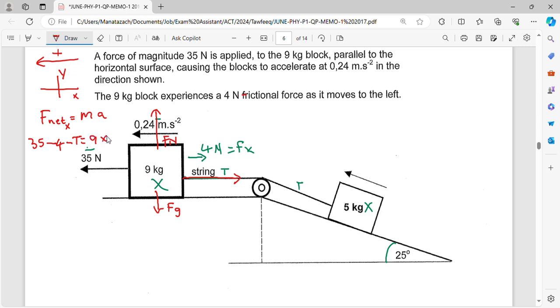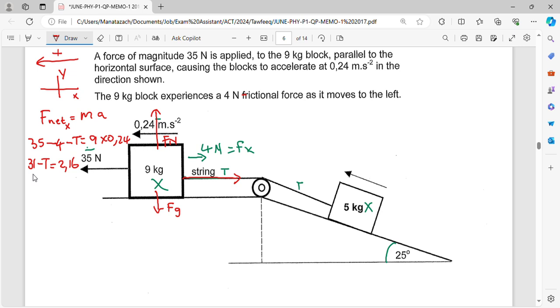The mass is 9, acceleration is 0.24. So this will become 35 minus 4, which gives us 31, minus T, is equal to 9 times 0.24. 9 times 0.24 on the calculator gives us 2.16.